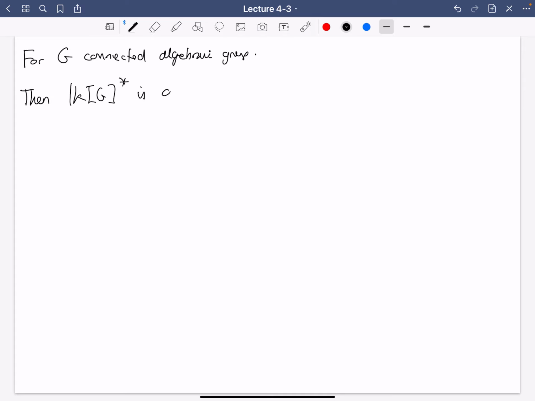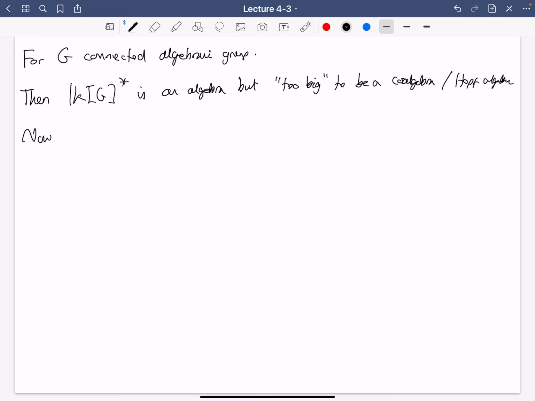This is an algebra, but it's kind of too big to be a co-algebra or Hopf algebra. So that's the issue. You can't dualize an algebra to get a co-algebra unless it's finite dimensional.